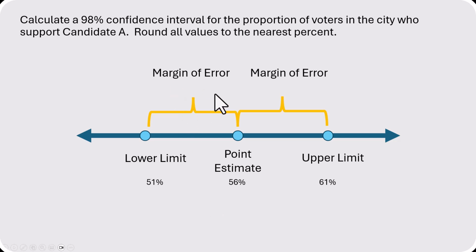But now what about the margin of error? Just looking at this picture, it is pretty straightforward to calculate. For example, 61% minus 56% is 5%. Likewise, 56% minus 51% is 5%. So with this information alone, we could simply calculate the margin of error. But let's look at our RGuroo output one more time and see if we can see this information anywhere in that output.